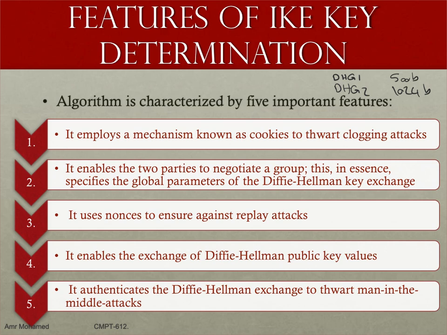So a Diffie-Hellman group here refers to some level of security. As we will see, Diffie-Hellman group 1 entails that the public key size will be this, the encryption algorithm, for example, will be triple this, the authentication mechanism will be, for example, HMAC or whatever, and so on. So it's a whole spec of security mechanisms associated with each Diffie-Hellman group. Okay?